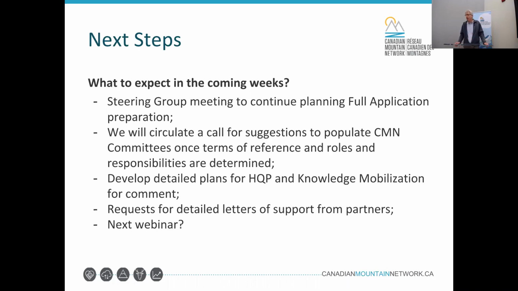Those formed during the LOI phase, but we have some other pieces that we're going to advance, and we certainly will want to have people step forward and contribute to that. We'll get more information out about those things once there are terms of reference and roles and responsibilities finalized. The HQP and knowledge mobilization, and the community partnerships.